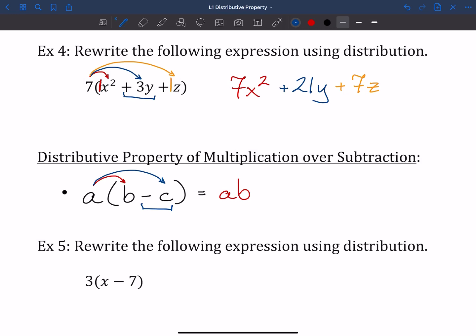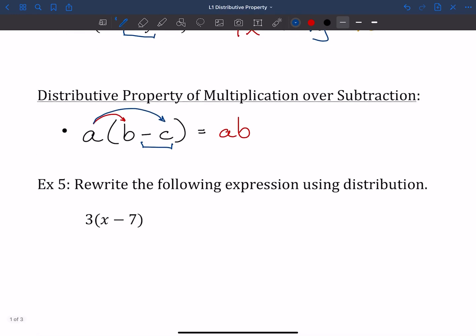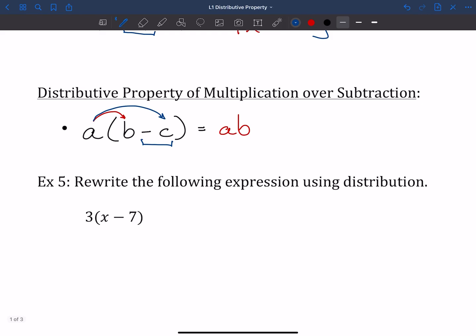So when we do this down here, it's a times negative c, and that's going to give us negative ac. You can also think about it as dragging the subtraction sign along with it, but sometimes it's a little better to think about it as, this is the sign that's in front of c, and that's what we're going to take.